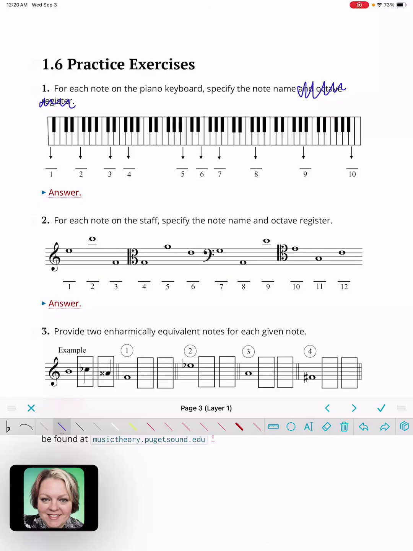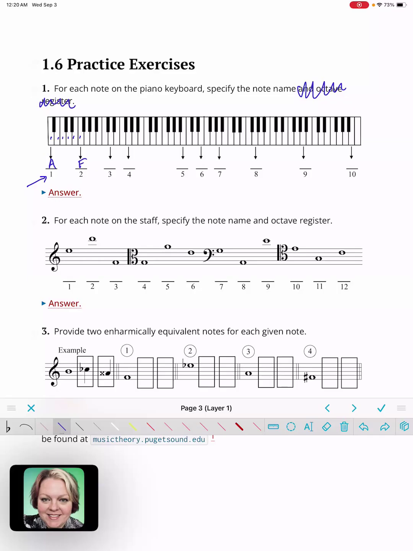That's it. So number 1 down here, it's the very first note on a keyboard. That's an A. And then you go to number 2. If you want, you can say A, B, C, D, E, F, right? You could do it that way.